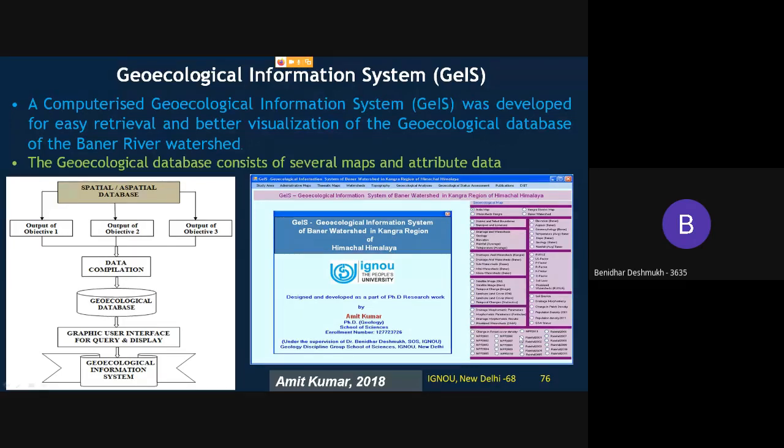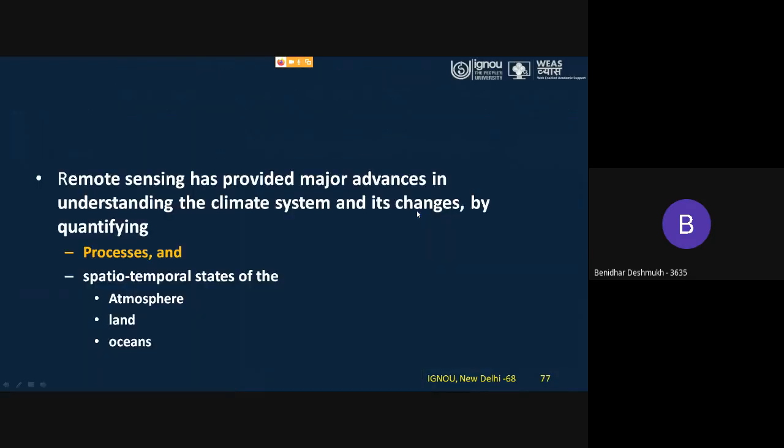You can see there are a number of maps that could be extracted, and this is particularly useful for the planners who want to do the management planning for that area. So whatever data was generated is all put under this, and then using some query, one can extract different kinds of thematic maps and combinations of them. So this is in gist about that.